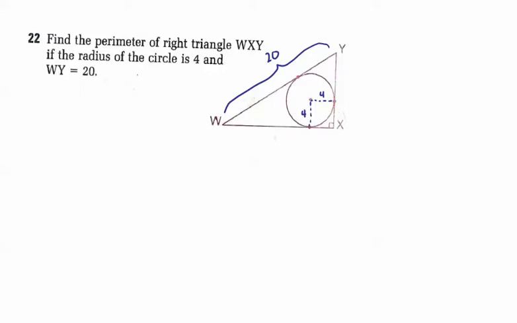Alright, now based on this, the solution to this is also going to use the two tangent segment theorem, or the two tangent theorem. And it kind of goes like this. We know that this segment here is congruent to that segment there because they're both going to be tangent to the circle and they originate from an external point.